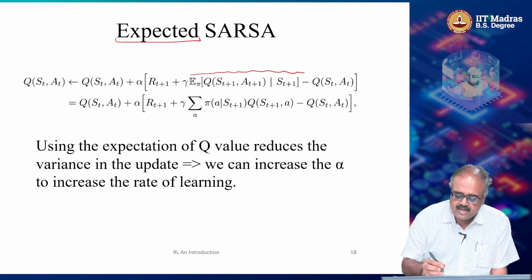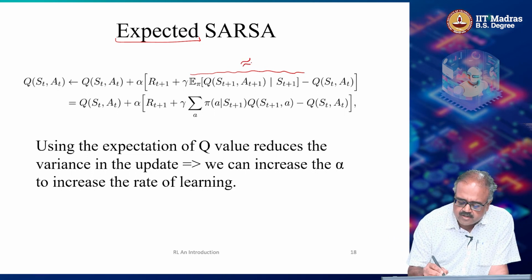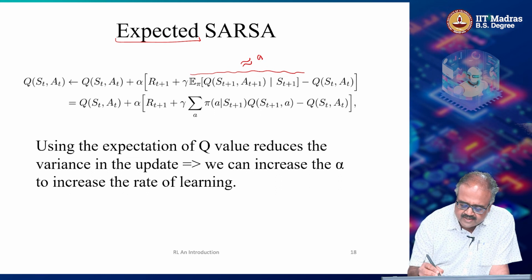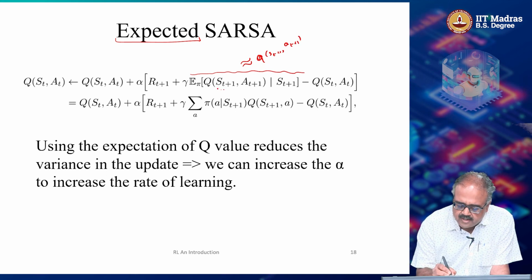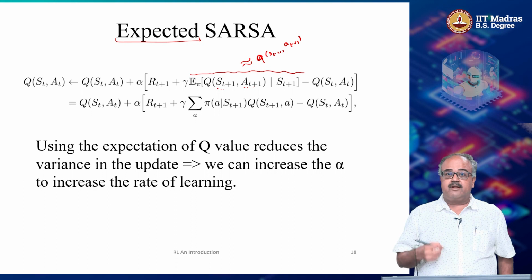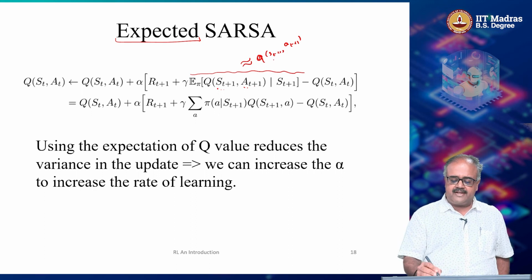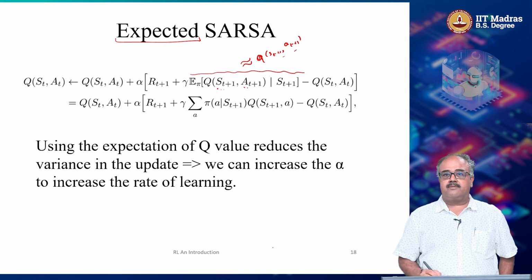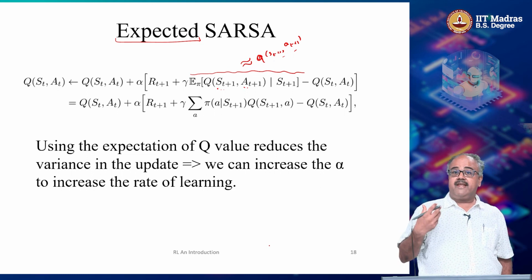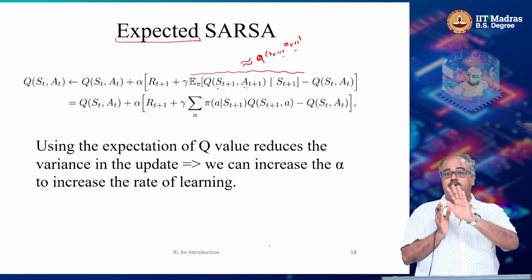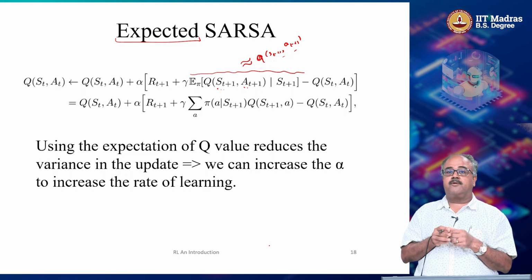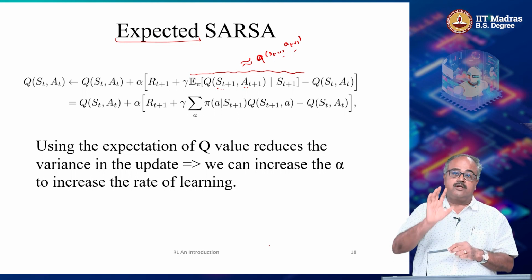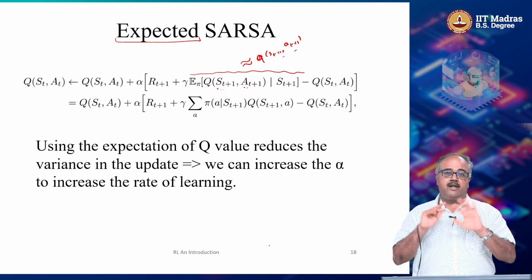The only difference is this expectation we approximated by just one sample. These are random variables. When we are doing the normal update, we are approximating the expectation by taking only one sample. Now, we do not know the true transition probabilities, we do not know the true reward distribution, none of these we know.